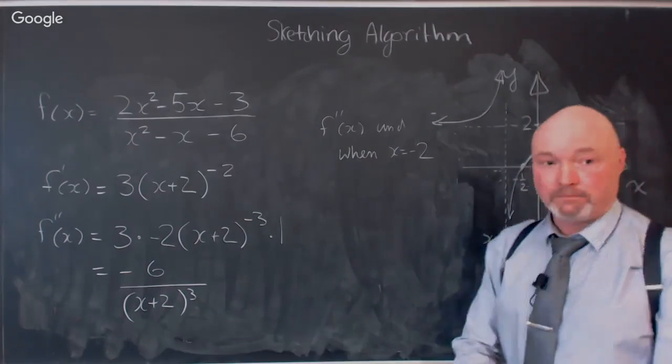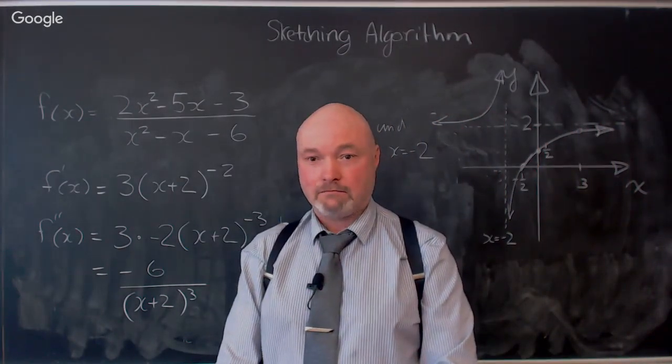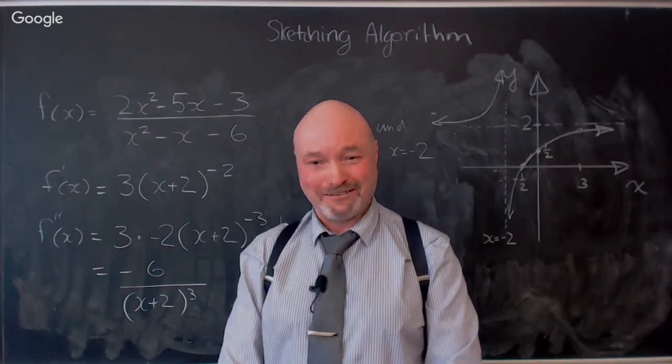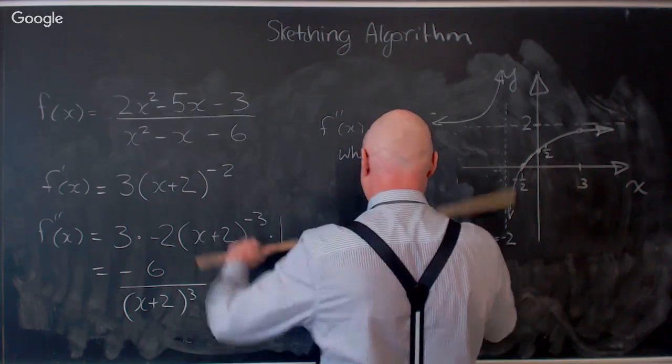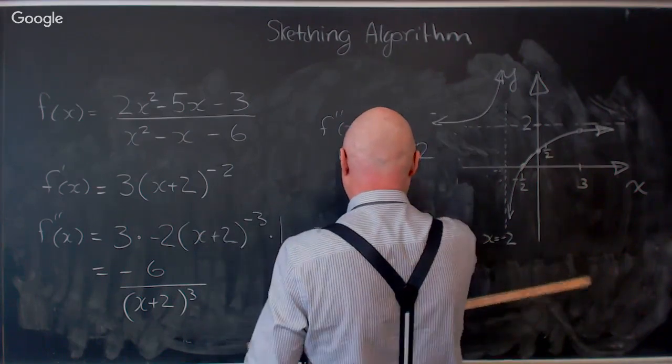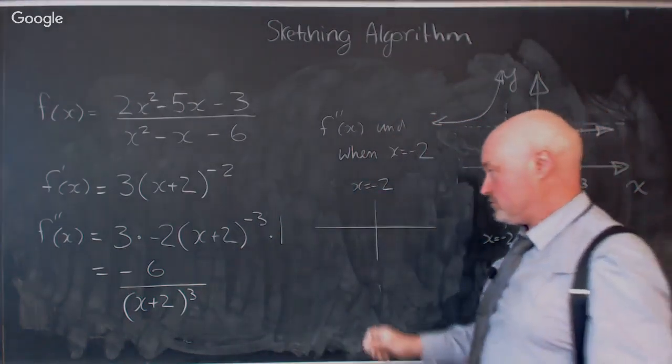Okay, here we go. What should we do, Morgan? Make an interval table? Yeah, okay, good. Exciting things are going to happen when x is equal to -2. So here we go again. A lot happens around x equals -2 with this function.